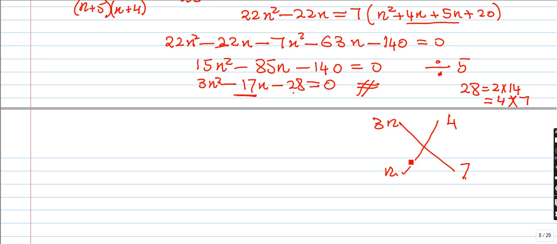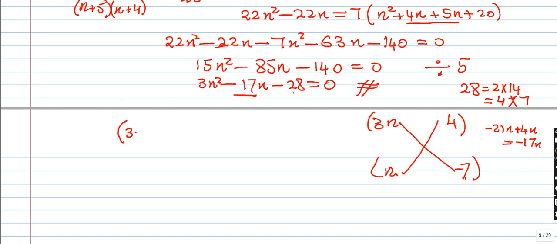This is decided by the middle term. So this one has to be, because this multiplication gives negative 21n, and this gives 4n. When you add them, negative 21n plus 4n gives you negative 17n, right? So these are the factors, and these are the brackets of this expression, factorizing it.